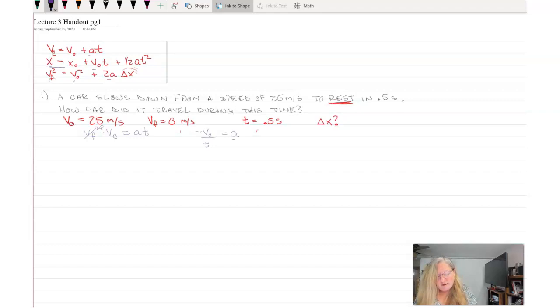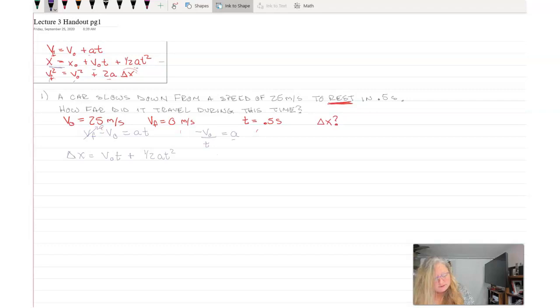I know what my final, I know what my initial, I know what my acceleration is in terms of an expression, and I want my delta x. So it's really just a preference here. So I'm going to rewrite the second equation as delta x equals v naught t plus 1/2 at squared.